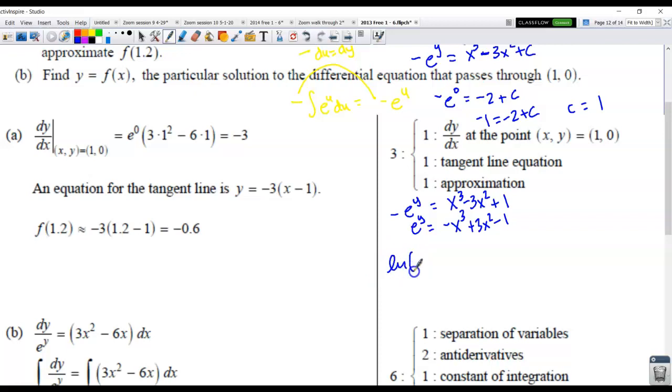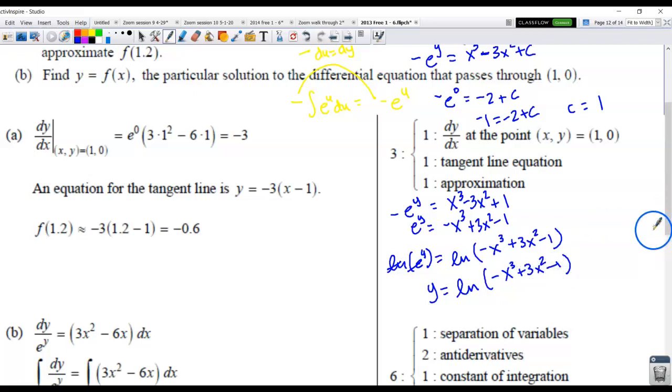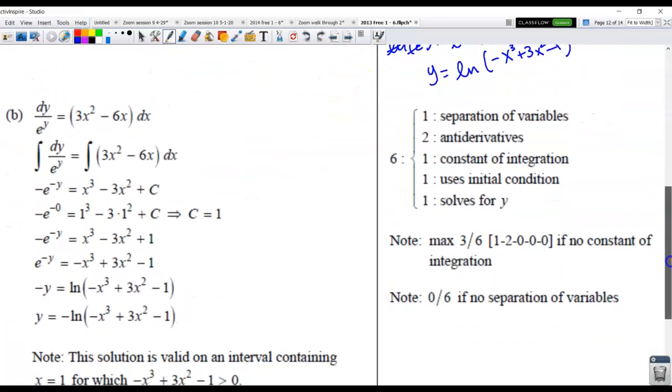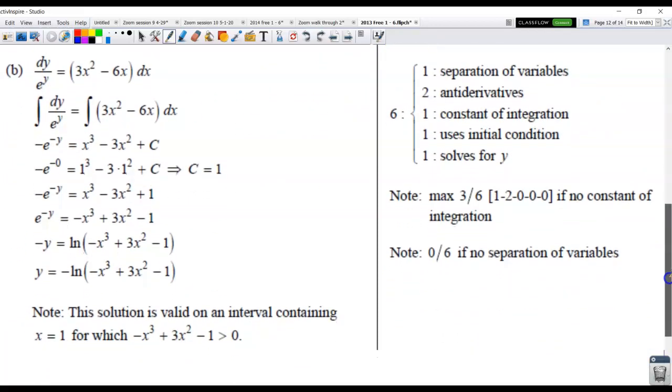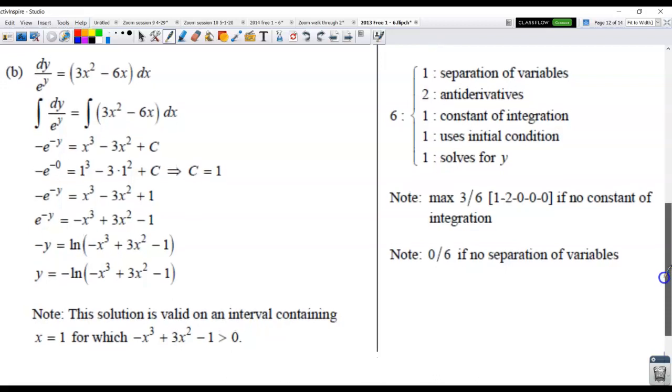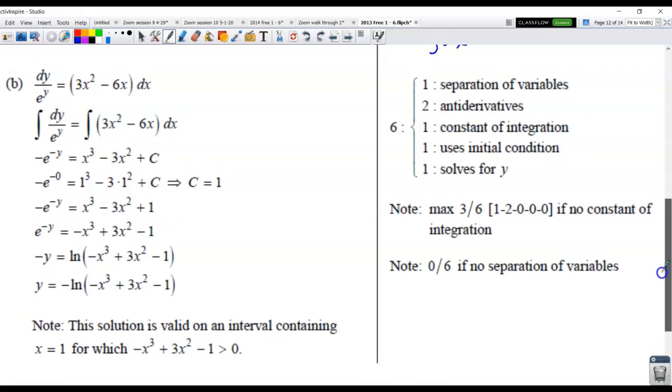So if I take the ln of e to the y equal to ln of, and it's not absolute value, negative x cubed plus 3x squared minus 1. E and ln are inverse operations, so they do undo each other. And I have y equal to ln of negative x cubed plus 3x squared minus 1. And you do not have to state the domain to get these points.